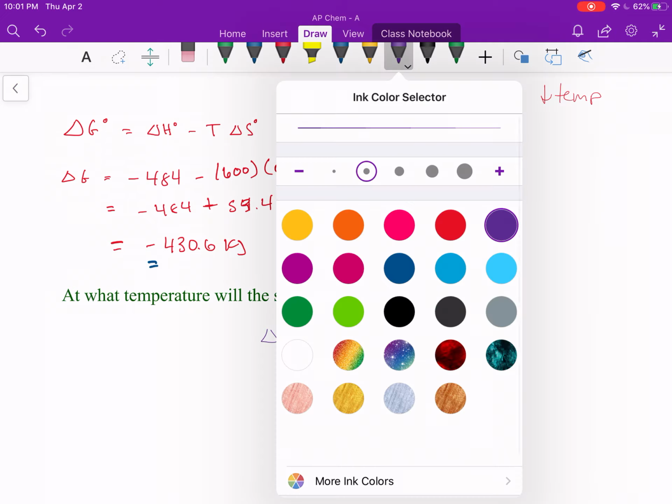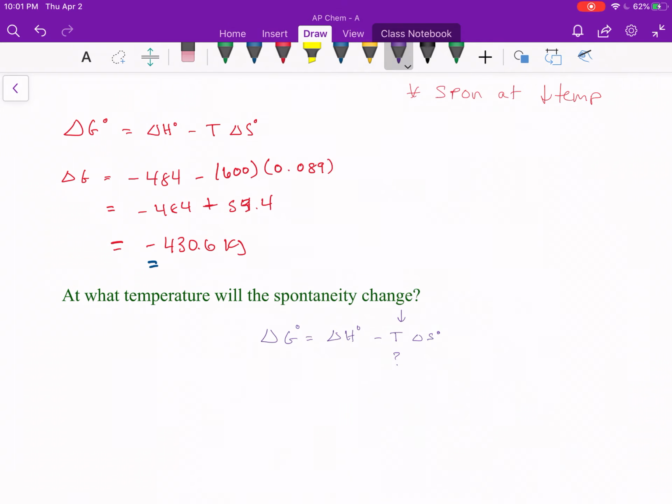And so one thing that we can do is say, okay, when does that change happen? Well, we know that change happens after it goes through equilibrium, in which delta G equals 0. So if delta G equals 0, then we have our negative 484. Then this is going to be minus T, which we're looking for, and now this is 0.089.